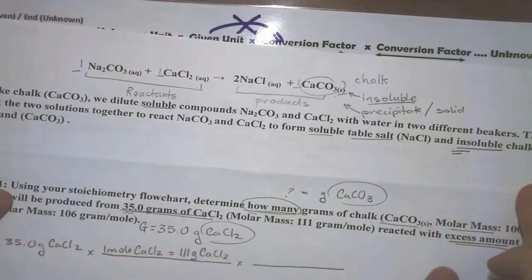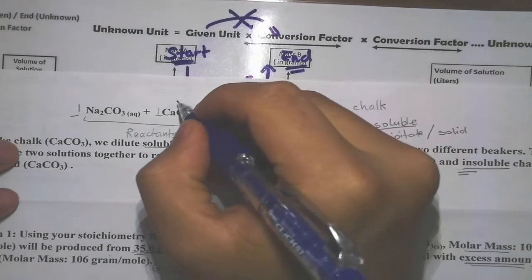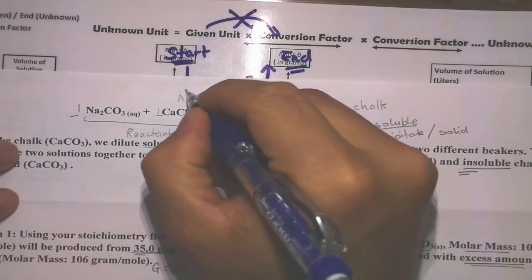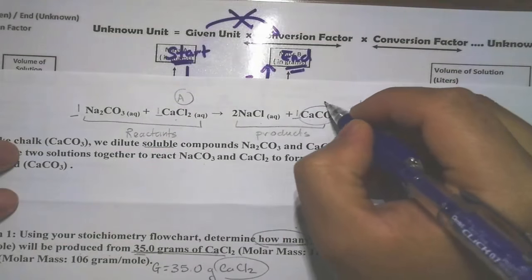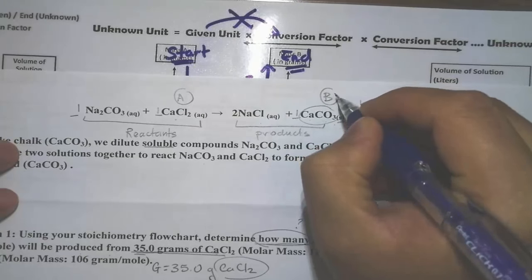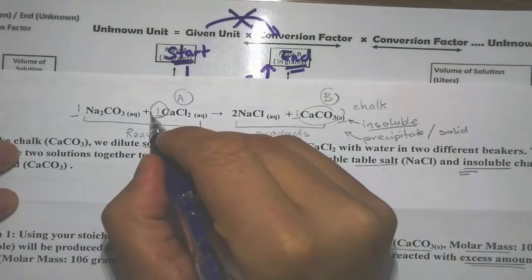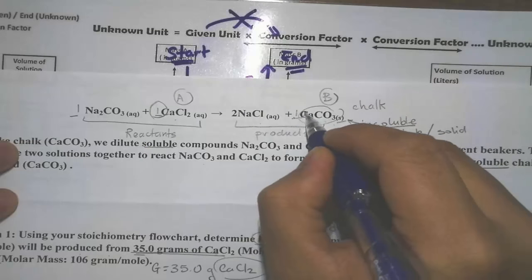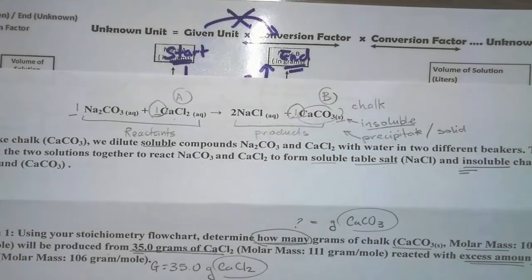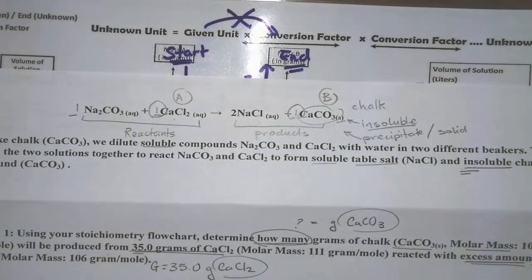See right there? Notice how our A is calcium chloride, and our B is calcium carbonate. Look at the coefficient. Here we have coefficient 1, and here we have coefficient 1. Oh, beautiful. So we just have a 1-to-1 ratio.